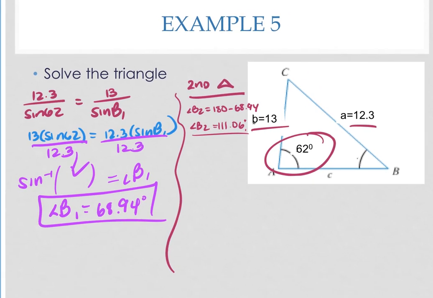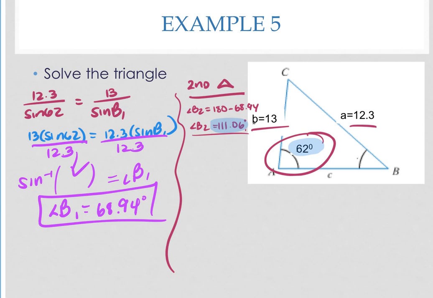How do I check to see if I continue with triangle 2? Add it to the original angle that was given to you. So if 111 plus 62 is 180 or bigger than 180, I'm done. But in this case, 111 plus 62 is 173. That is less than 180. That means there is a second triangle.